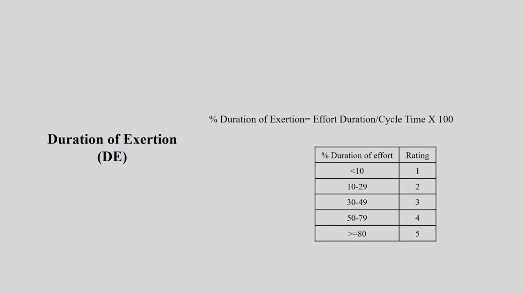So, if in a particular task that particular effort is taking 3 seconds and the whole cycle time is 10, then it is 3 divided by 10 multiplied by 100. Fine. So, this way you can calculate the percentage duration of exertion. Here you can see the value is 30.